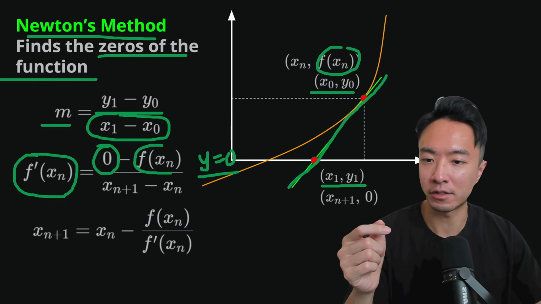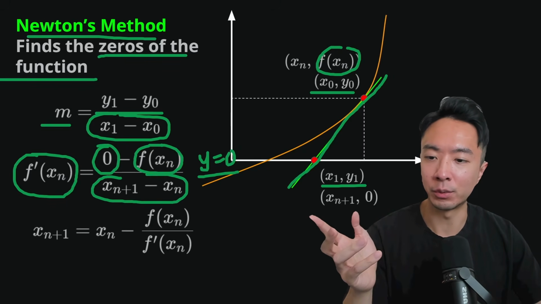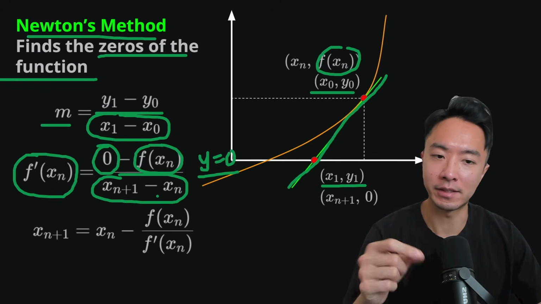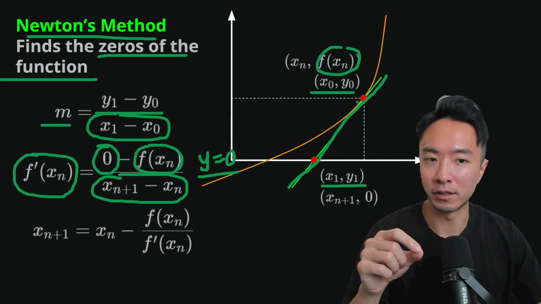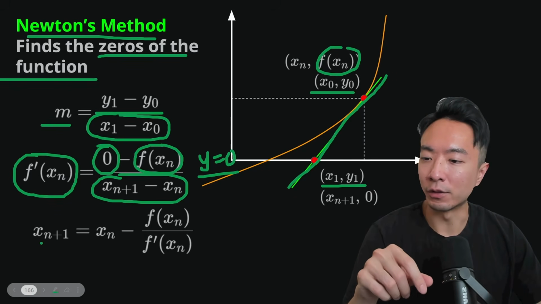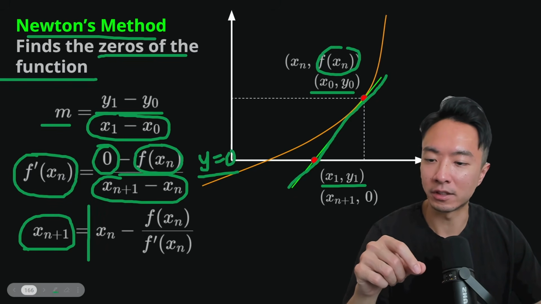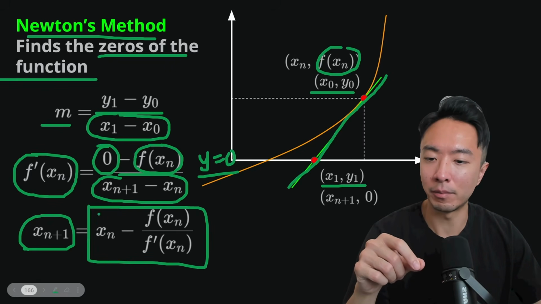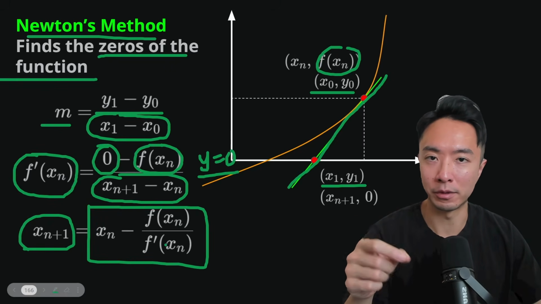So this is where this term comes from. And the bottom is just, more generally, x of n plus 1 minus x of n, basically the 2 x parts of the 2 points that we have here. Now, if we solve for x of n plus 1, we get the expression x of n minus f of x of n divided by the slope, or the derivative.